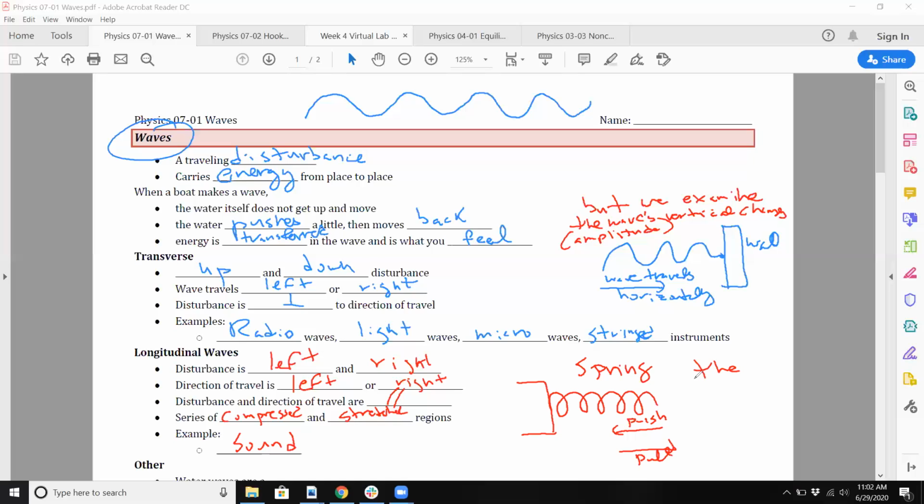The bouncing motion is what we analyze. So that's kind of an example of longitudinal wave. Because it's not kind of like going like this, right? It's kind of going like this. And that's the motion, that's how it travels as well. And sound kind of does that same thing.